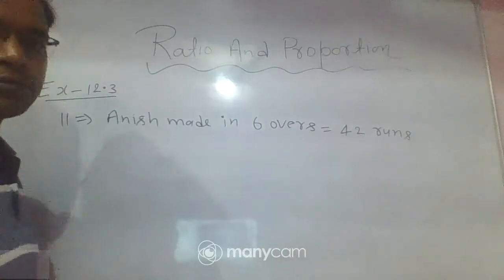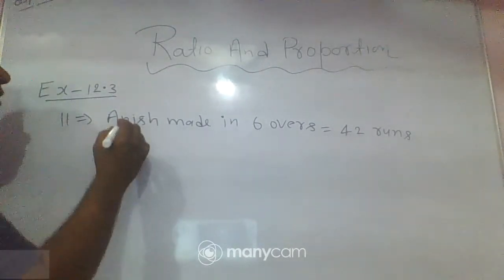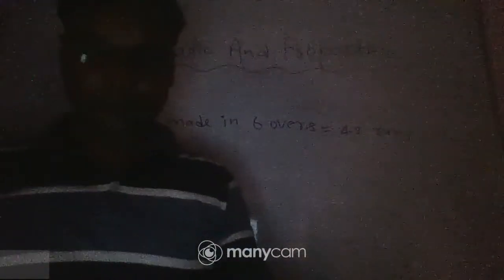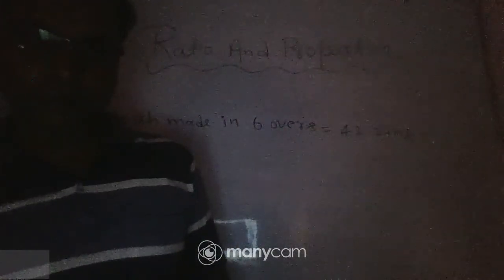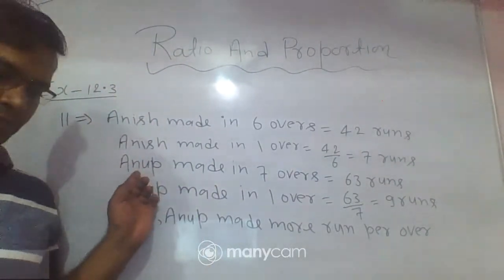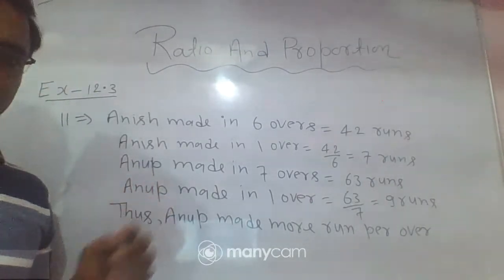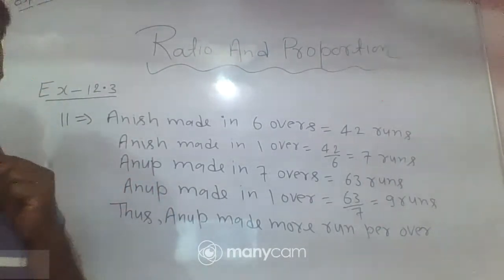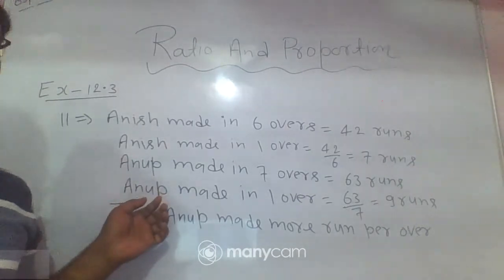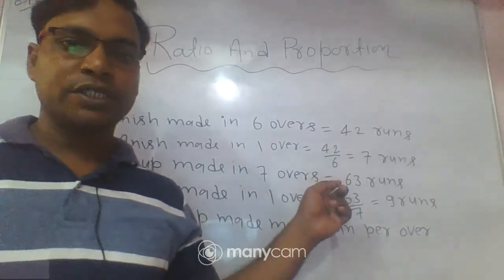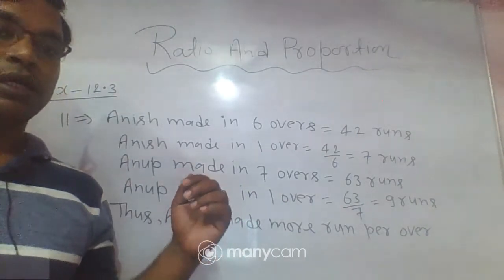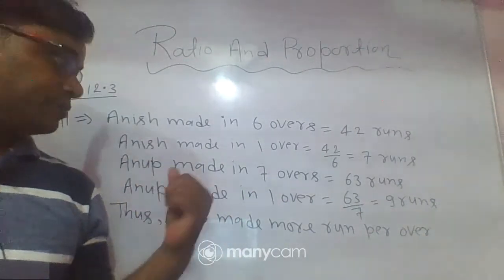Here you can see Anish made how many runs in 6 overs? 42 runs is given. So we can write, Anish made in 1 over is equal to how many runs? And you can see Anup made how many runs in 7 overs? 63 runs.